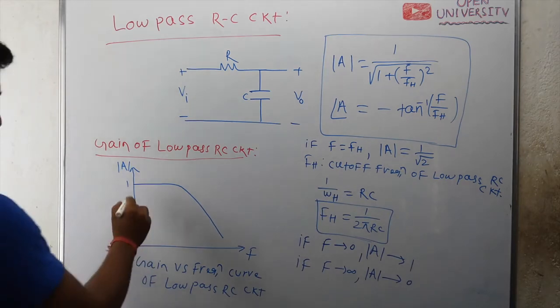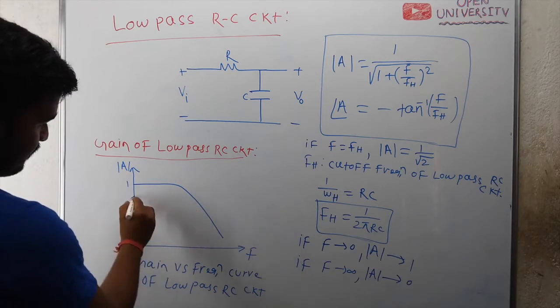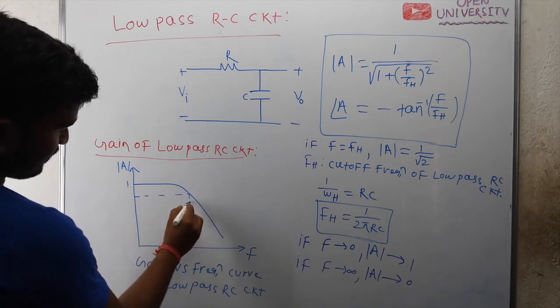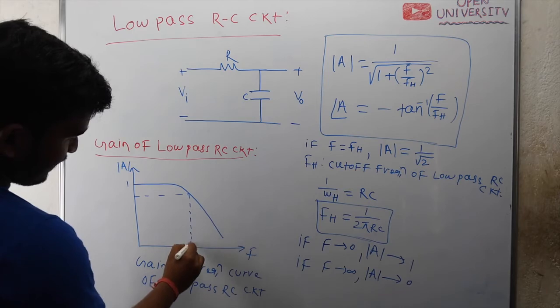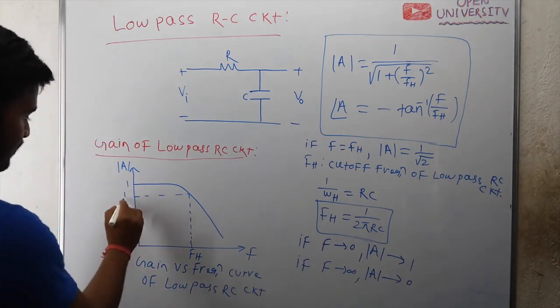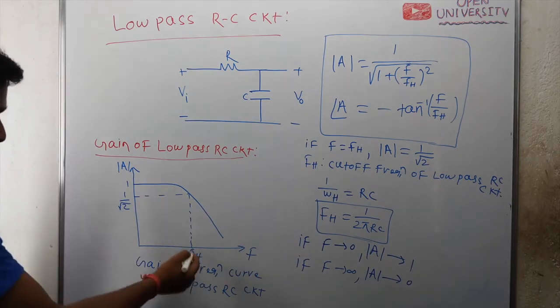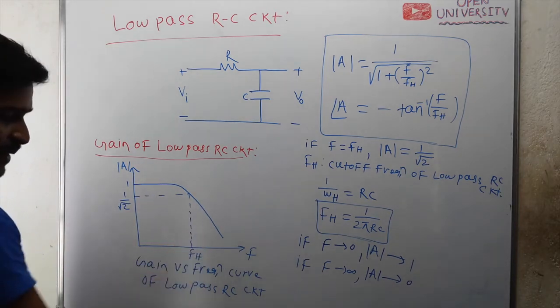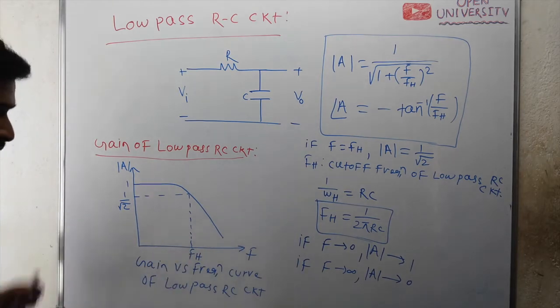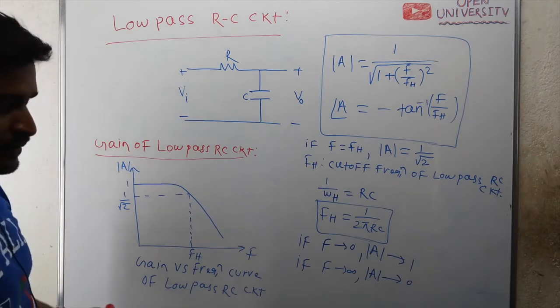Now see, at this frequency, gain becomes 1 by root 2, and this frequency is called cutoff frequency. So this is the cutoff frequency of your low pass RC circuit.